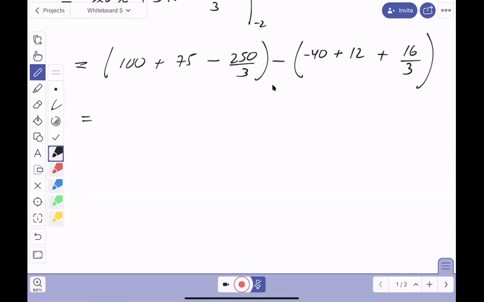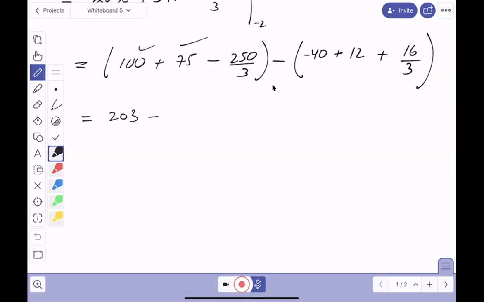It's going to be, let's see, 175 plus 40. That's 215 minus 12. Let me see if I did it right. 100, 175, 215, 215 minus 12, 203.